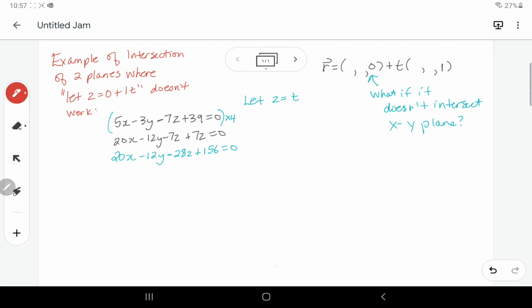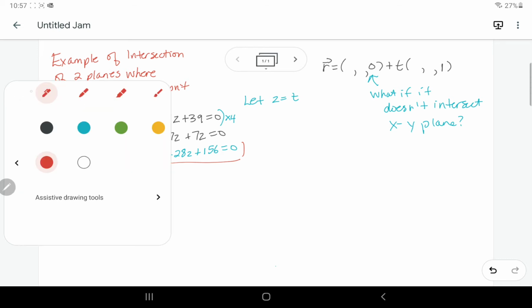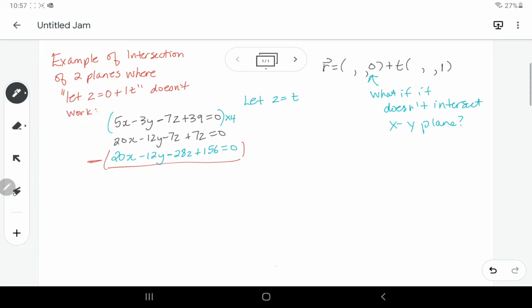Then we do our elimination and subtract that from the first equation. So 20x minus 20x is 0x, and negative 12y minus negative 12y is 0y. And 7z minus negative 28z is plus 21z. And 72 minus 156 is negative 84, and that all equals 0.